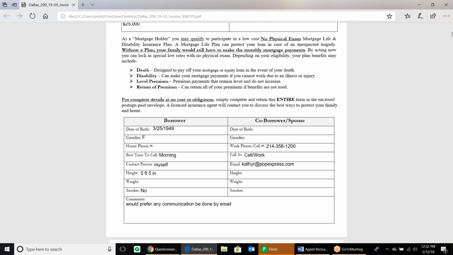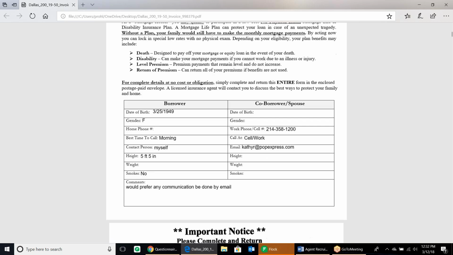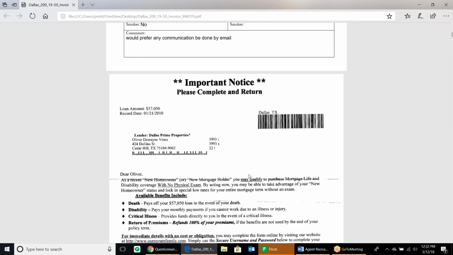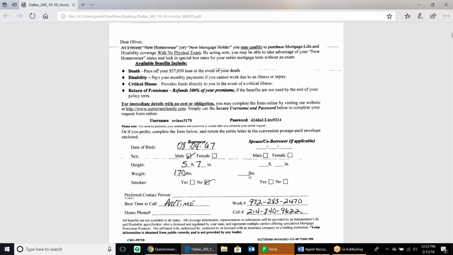When I started out in telemarketing and appointment setting, there is no such thing as a bad lead. As long as you've got a name and a phone number, and my goodness, all the stuff that you've got here, email address, they took the time to fill all of this out. What a good lead that is.